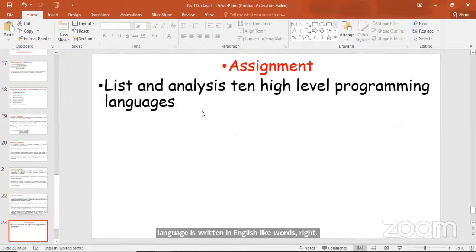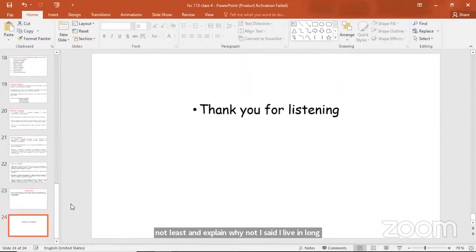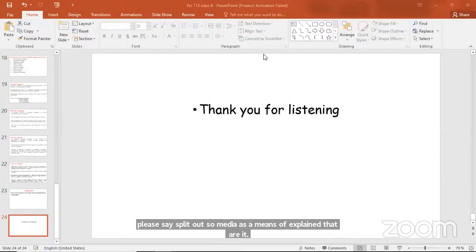So the assignment is now to list and explain or analyze 10 high-level programming languages that you know, and submit to your class rep. If you don't have a matric number yet, put your JAM registration number and your name in the document. I have explained how to submit the assignment already.